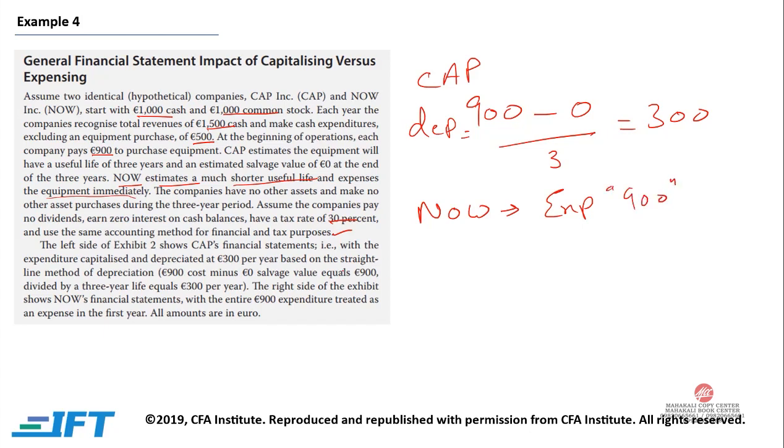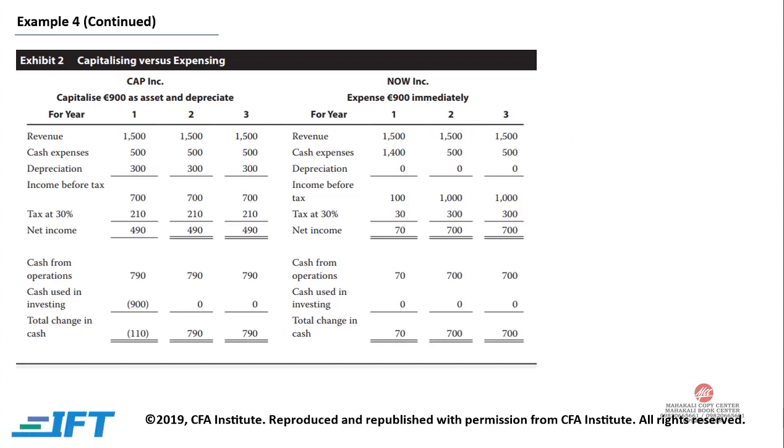Now if we look at our income statement and cash flows, so 1,500 cash, we are getting cash expense is 500 and the depreciation will be 300 that we have calculated in the previous slide. So income before tax is 700 and tax is 210. Now cash flows from operations.